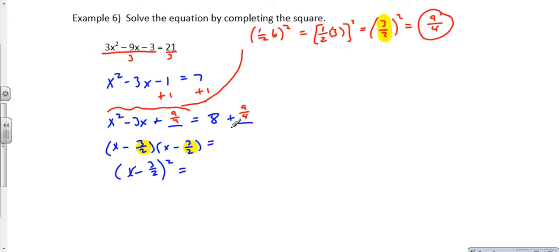And on the right side, we're going to want to put this together. Okay, so 8 plus 9/4. Now if you remember how to do that, 8 plus 9/4 is the same as 8 and 9/4. And that's a mixed fraction. So let's make it an even more improper fraction. 8 times 4 plus 9, and we have 41/4.